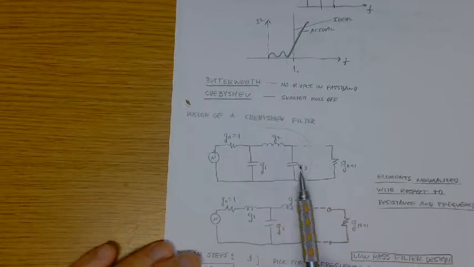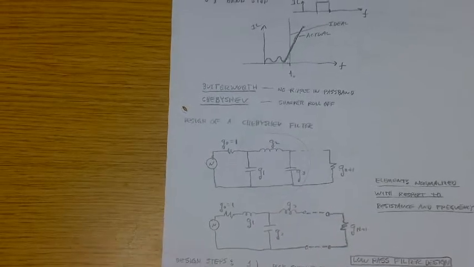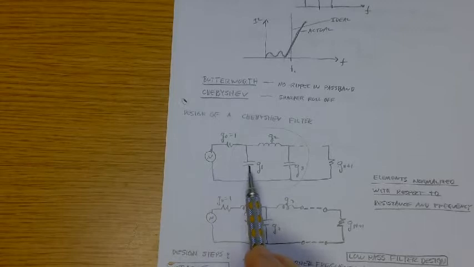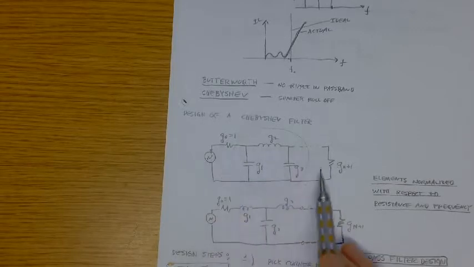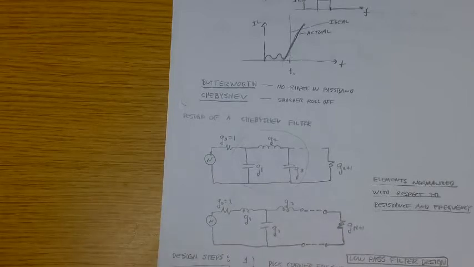These G values are looked up from a table, or rather are specified in a table. Note this starts off shunt, and this fundamental design here is low pass.